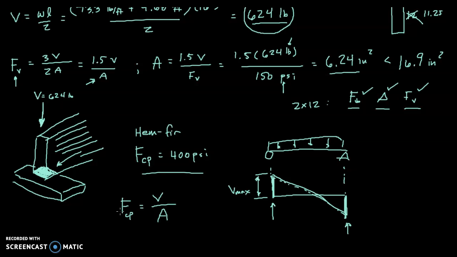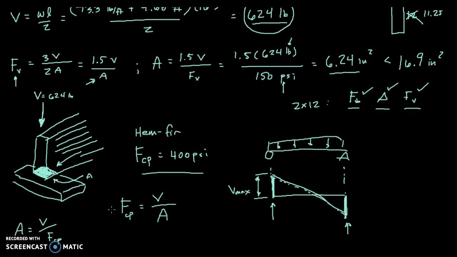So we can set up an equation for stress, and if we've chosen an area here, we can take that maximum shear force divided by the area to find the stress and make sure it's less than 400. Or if we're trying to design this area, if we're trying to decide how big that area should be, we can just rearrange that formula and say that the required bearing area must be greater than the maximum shear force divided by the allowable compressive stress perpendicular to the grain. Stress, rather, I'm sorry, that's stress.